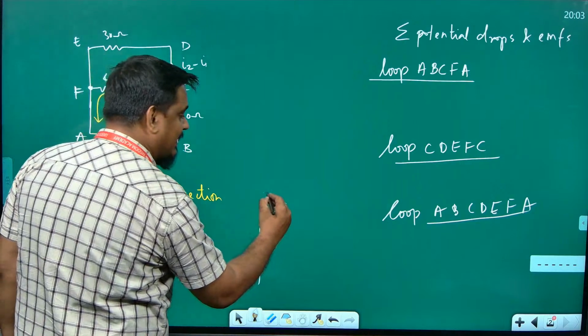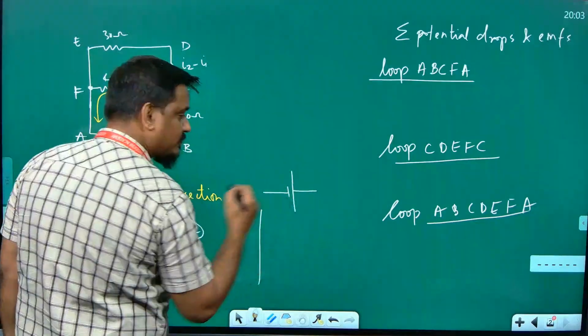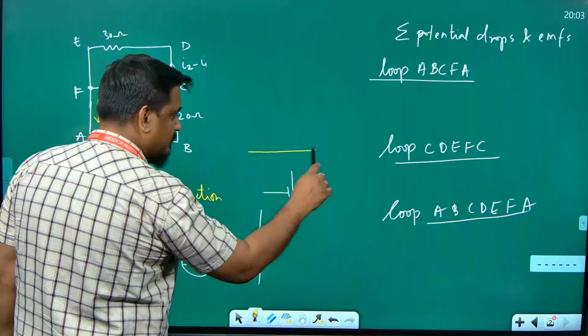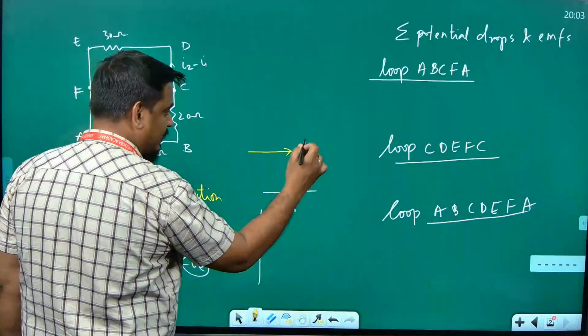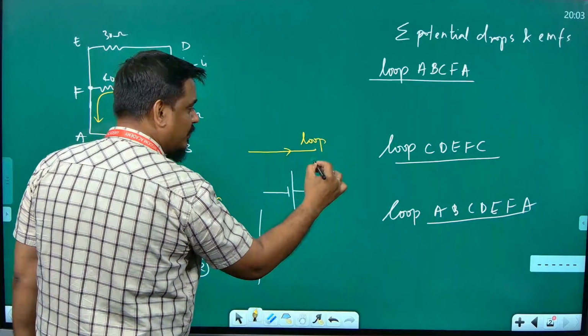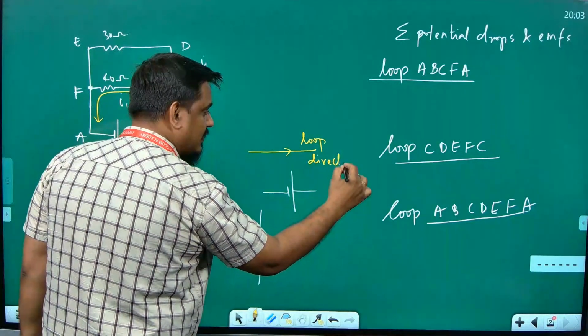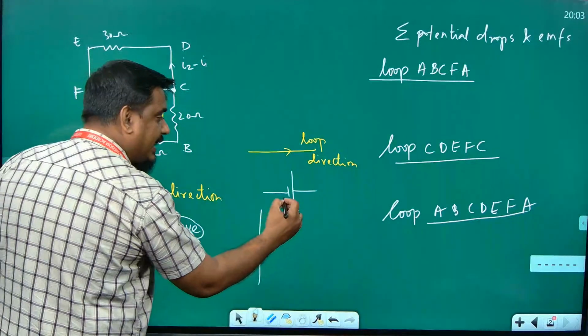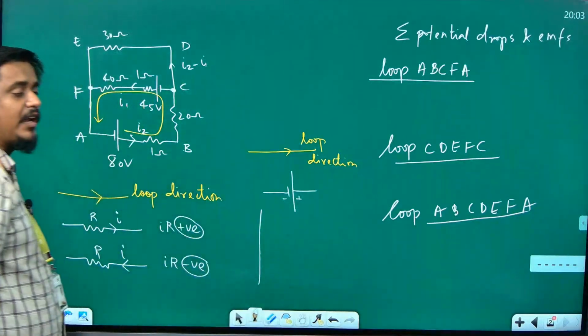Suppose the battery is like this. Yellow is loop direction, okay? Loop direction. So, you are moving from negative towards positive terminal of a battery.